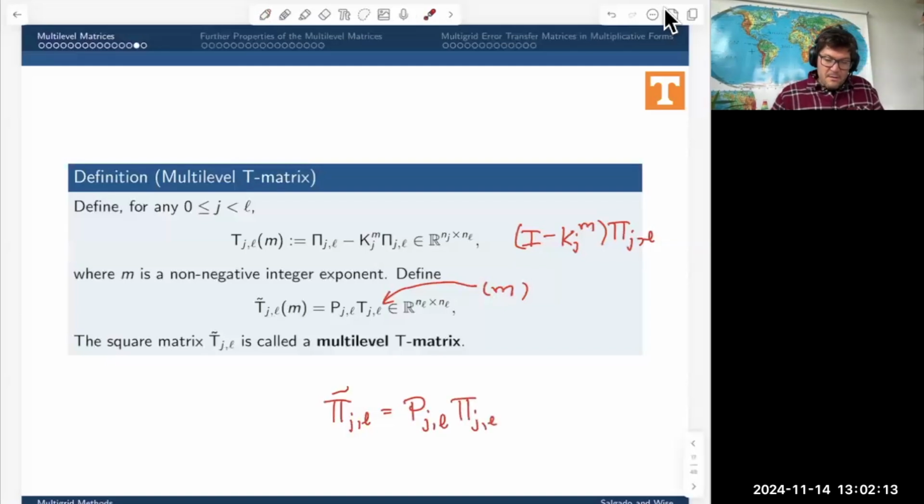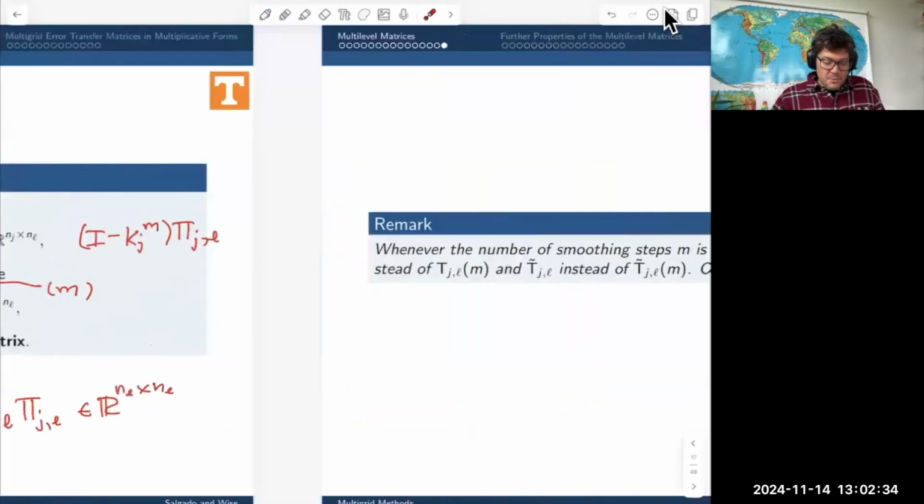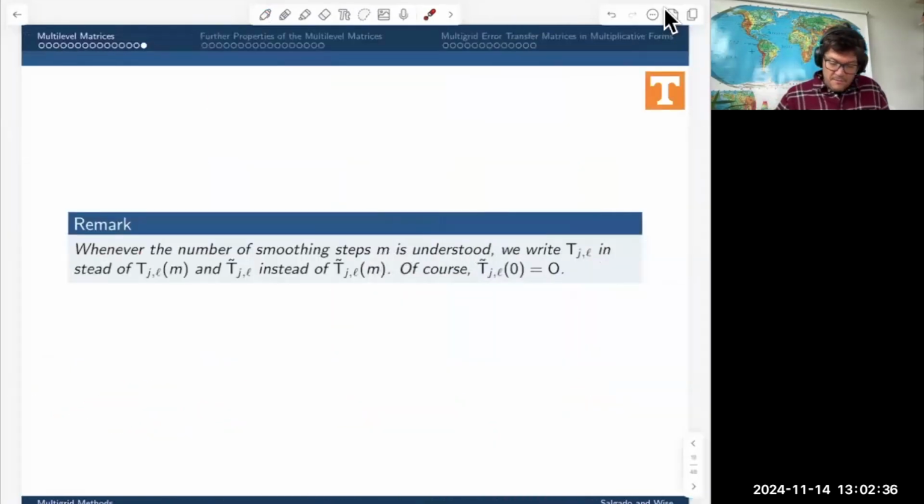The product of these two non-square matrices becomes a square matrix of size NL by NL. I'll try to remind you of this definition as we go along, but I just wanted to call it to your attention again for now.